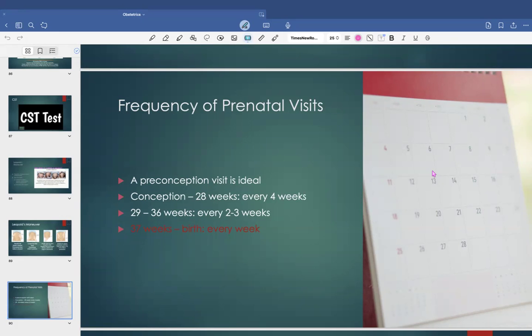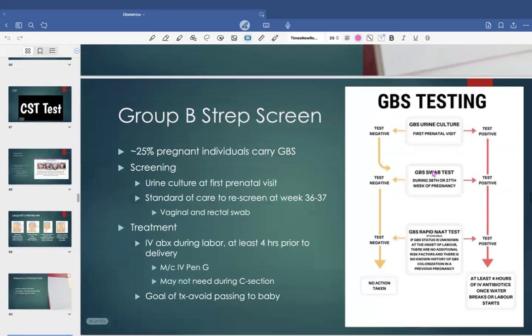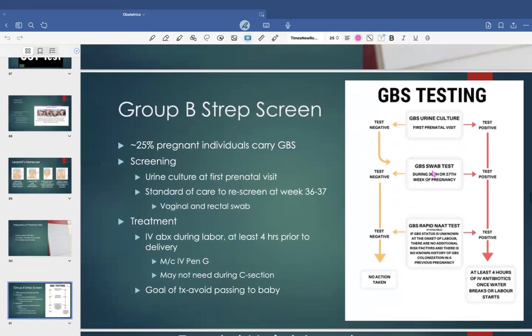Group B strep can be found in the urine at the first prenatal visit. The standard of care is to rescreen the mom at 36 to 37 weeks for each pregnancy, unless they have already cultured positive in the current pregnancy or before, or if they have a baby who had Group B strep disease.